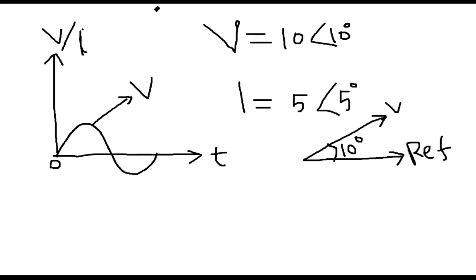Now, for example, I want to draw this vector, this one. So how to do that? For example, this is my reference line, but in this case, whatever the magnitude is, it has the angle 5 degree. So what will be the location of I? Probably I is here, for example. So this is the 5 degree anti-clockwise.